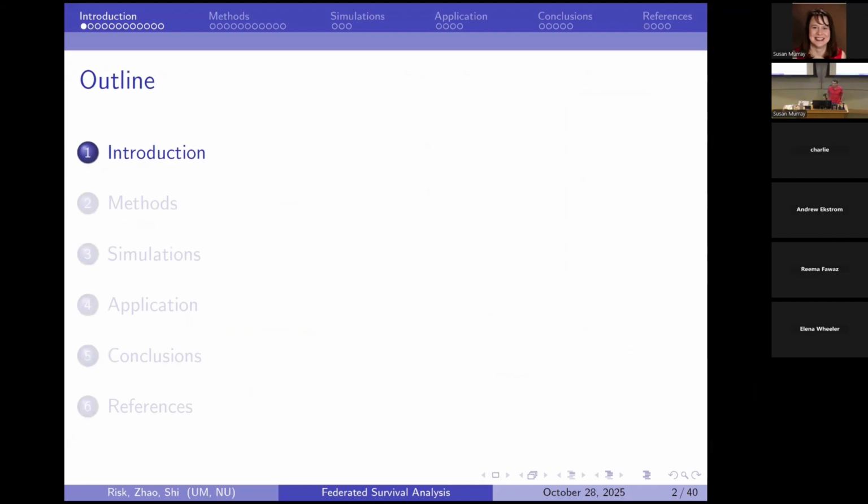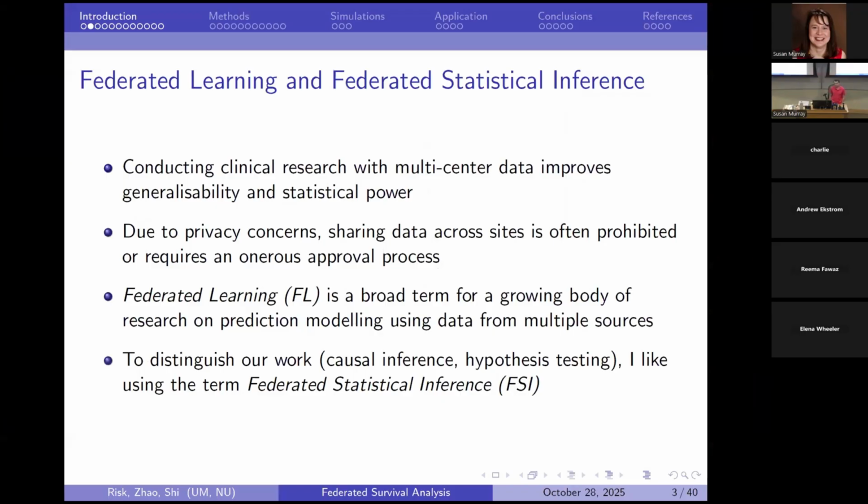Okay, so today I'm going to be talking about federated learning and federated statistical inference. So the big motivation for this is that we want to be able to conduct clinical research on the largest possible set of data, such that we have maximum generalizability and maximum statistical power.